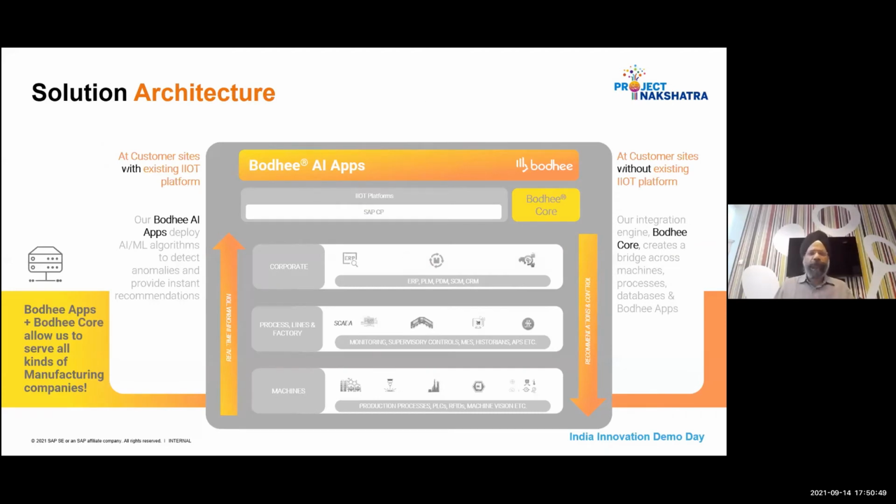Fundamentally, how does this work? So our Bodhi AI apps essentially sit on top of, in this case, the SAP BTP platform, and that is the point of interface. They can work across the board, take data from the SAP BTP platform and be able to then work with not just level 1, level 2, level 3 data, but also other signals that are coming there.